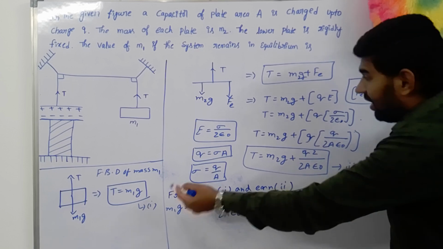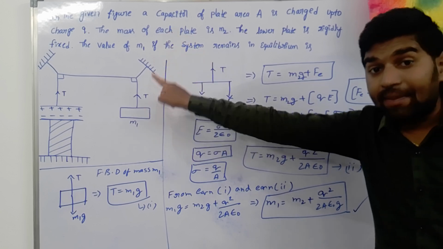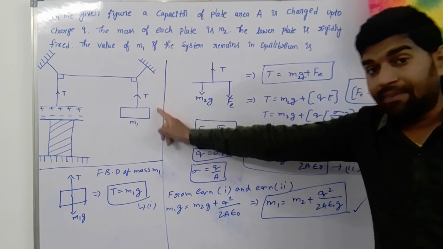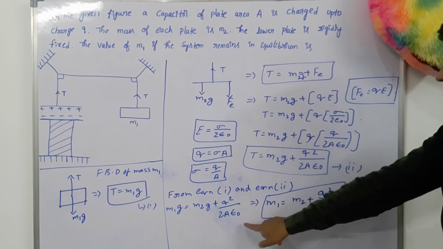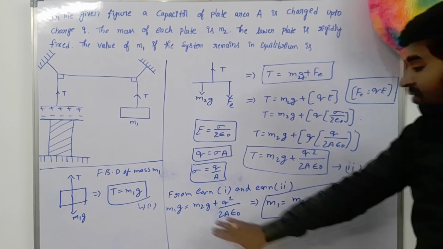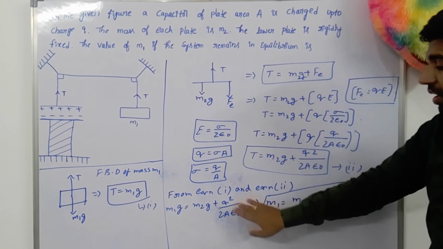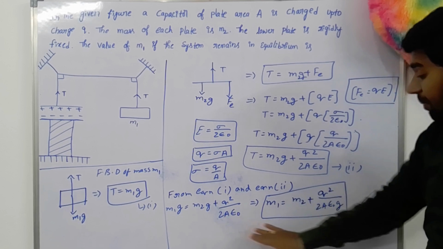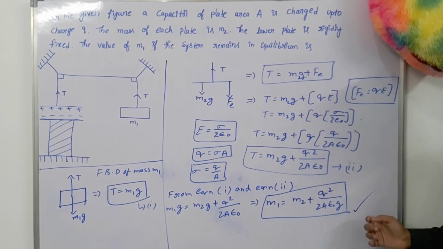From equations 1 and 2, I got M1g, because the tension remains the same. Remember, the tension remains the same. M1g is equal to M2g plus Q square by 2A epsilon naught. From this, M1 is equal to, if g is transferred here, g cancels, and the remaining is Q square by 2A epsilon naught g. It will become M2 plus Q square by 2A epsilon naught g. This is our required answer. Finally, you got the value of M1 is equal to M2 plus Q square by 2A epsilon naught g. Is that clear?